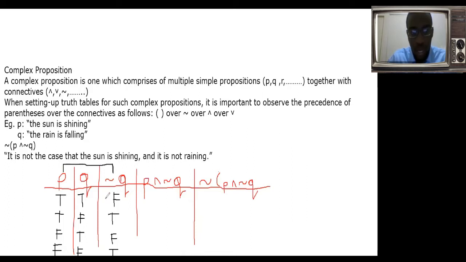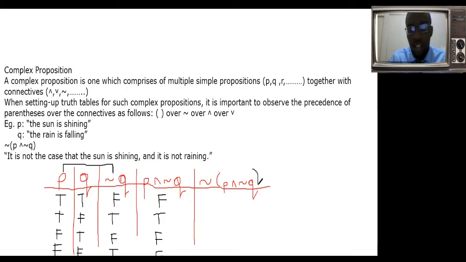So true and false. Now I need both conditions to be true in order for it to be true. And so true and false is false. And then true and true is true. Then false and false is false. And then false and true is false. The only time it is true is when both of the conditions are true, which is right here, true and true.